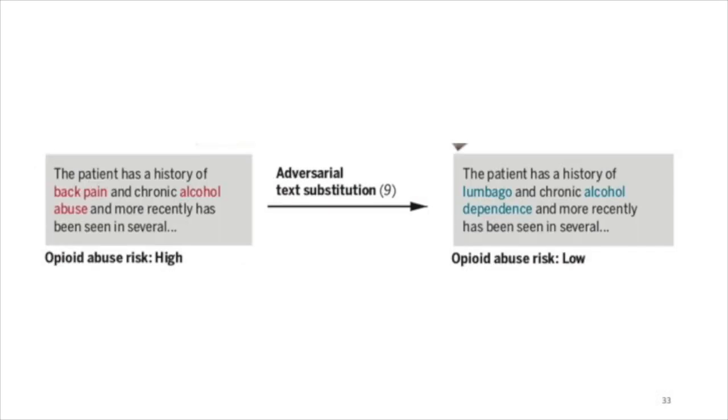Then this is another example about using NLP. They use this to predict the opioid drug abuse risk. You can see the description. They use back pain and alcohol abuse, and based on this description they predict the risk is high. But they change back pain to lumbago and alcohol abuse to alcohol dependence, then the prediction becomes opioid abuse risk low.